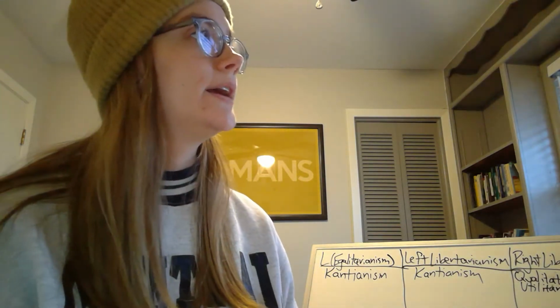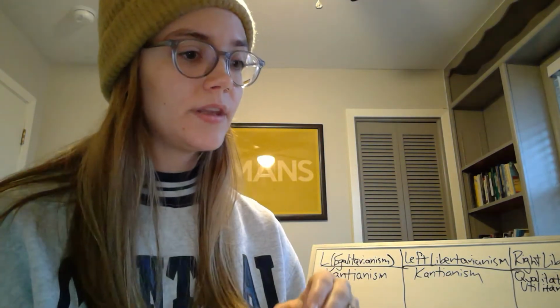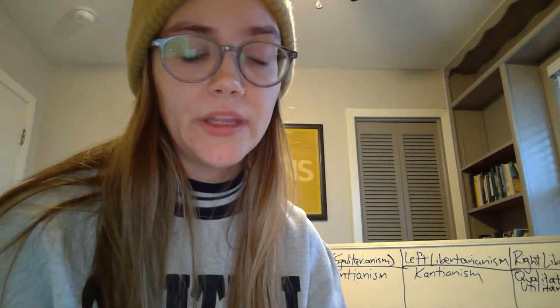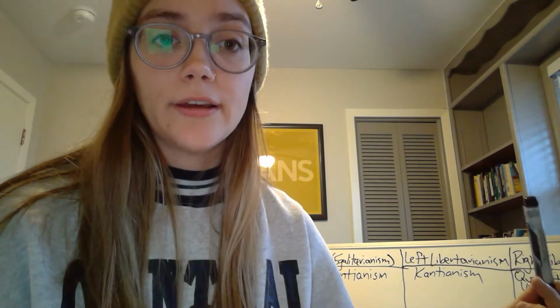Qualitative is more like, okay, considering the quality of life. So a quantitative utilitarian might just want everybody to have freedom to do anything that they want. So that could mean, I want to smoke meth and live in a shack, and I should be free to do that.